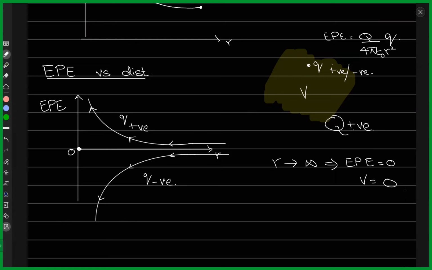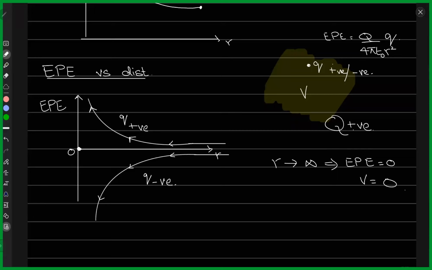Even in that scenario, as r became very large, as we approached infinity, the potential energy was becoming smaller and smaller. And so the graph in the case of gravitational potential energy looked exactly like this, except one thing.